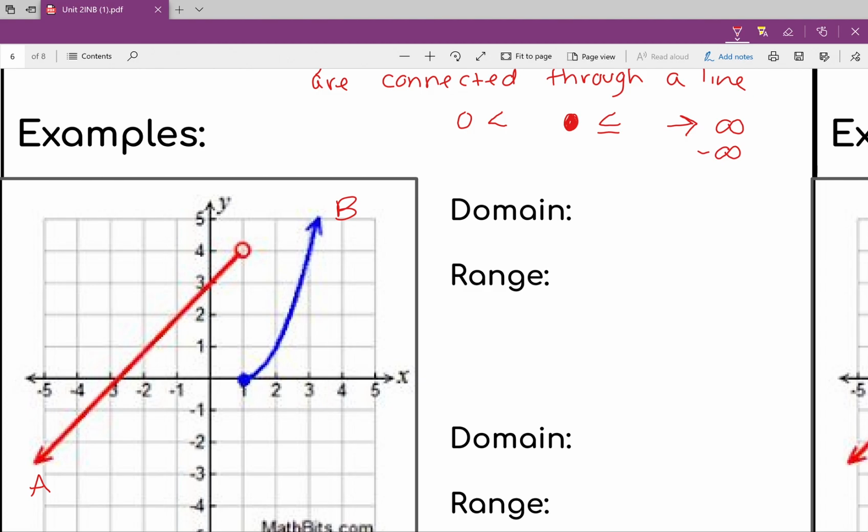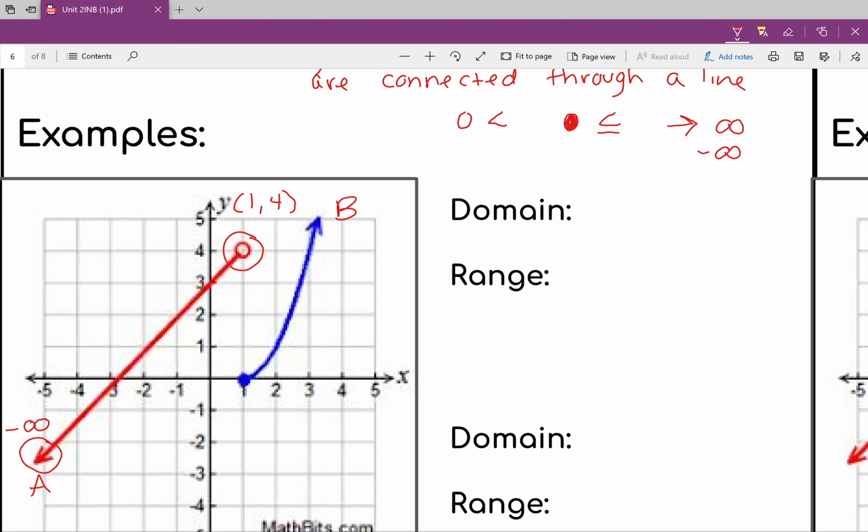For A, notice that we have an arrow right here, and we have the open circle. That arrow, since it's going down, represents negative infinity. And this open circle, notice that point is at 1, 4. Now that we know this information, we can do the domain.